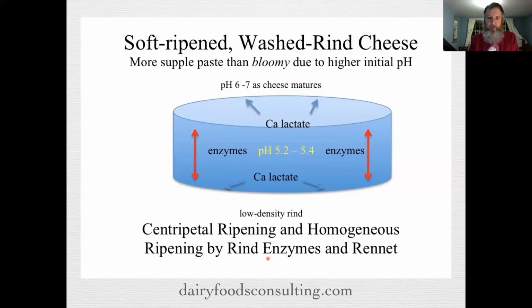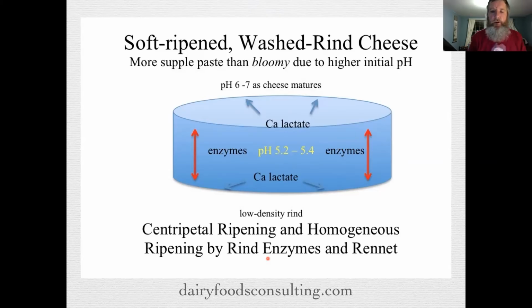And interestingly enough, the technology that's used to make these cheeses with more thermophilic cultures is what is used to make what's called stabilized paste bloomy rind cheese. So that's your more industrial type bloomy rind cheese that is very stable during distribution and storage, has a very long shelf life, but a very mild flavor.